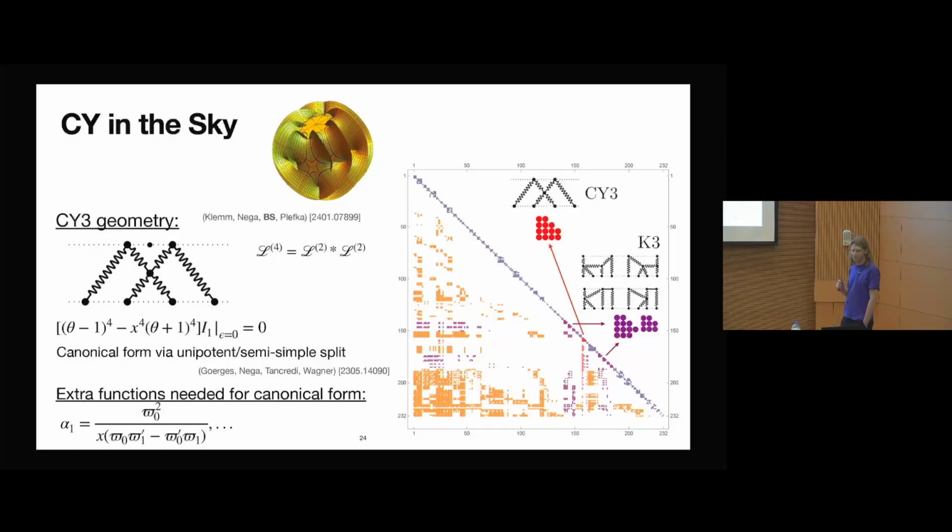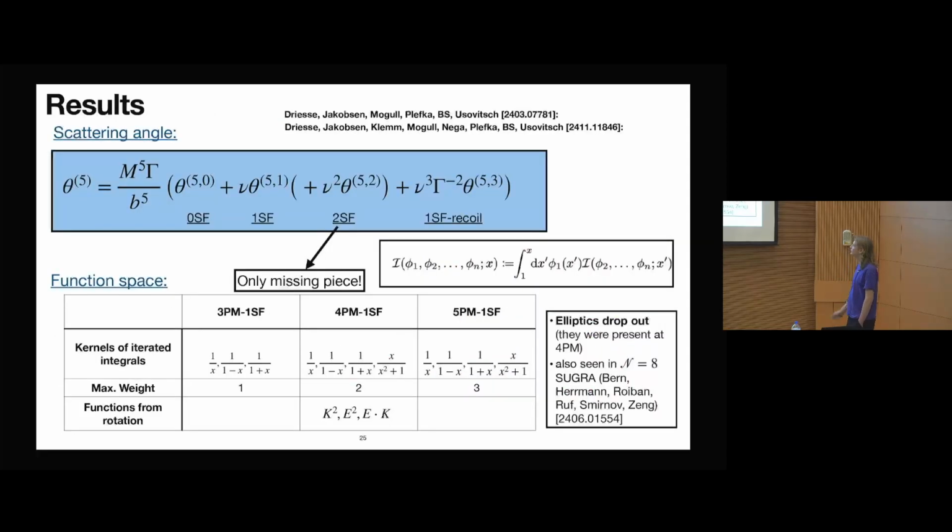But now we can really use this feature of the Calabi-Yau threefold to find a canonical transformation and to find an epsilon form for all these integrals appearing. And then after we compute the boundary integrals, we can find a solution for our observables. So let's look at them.